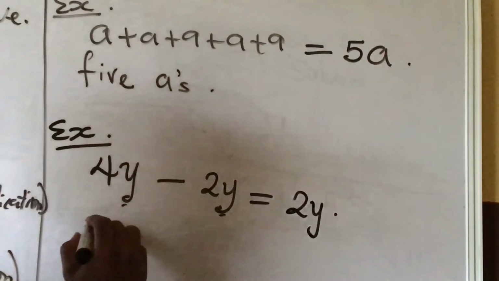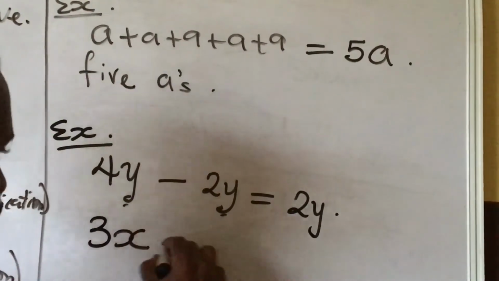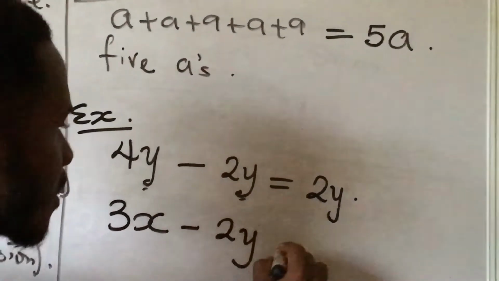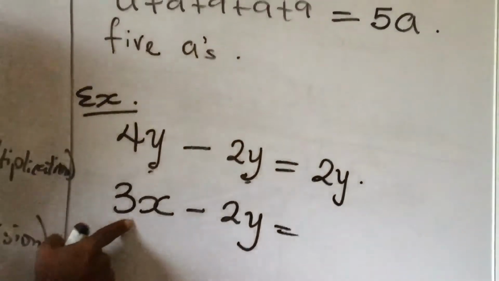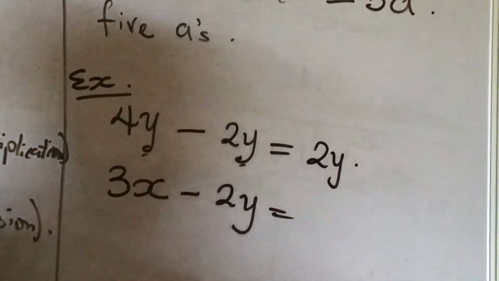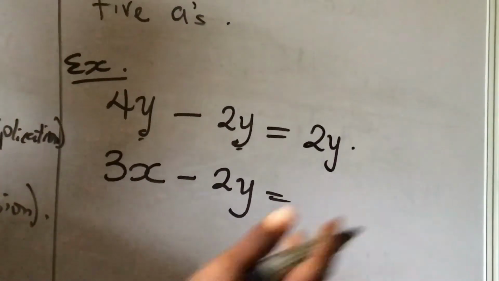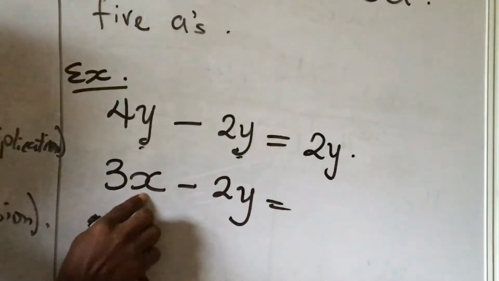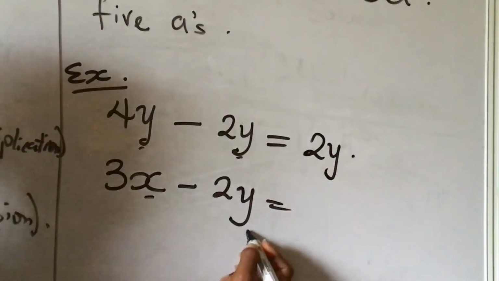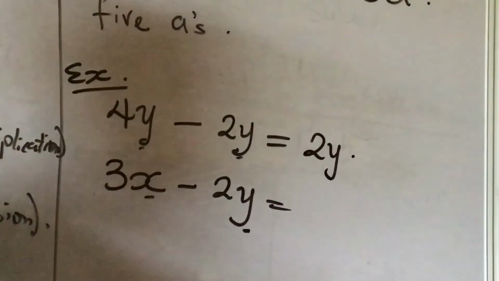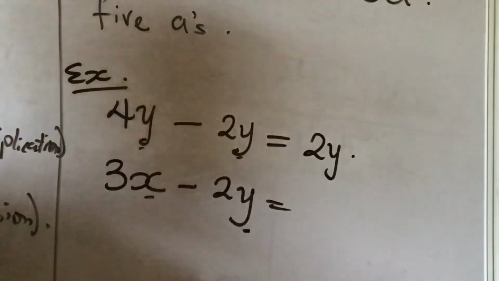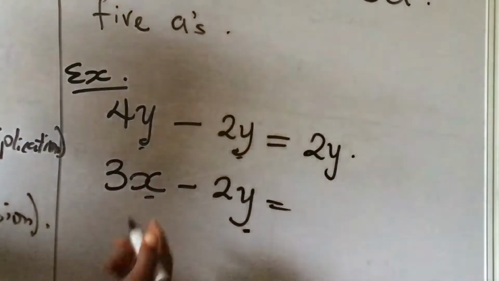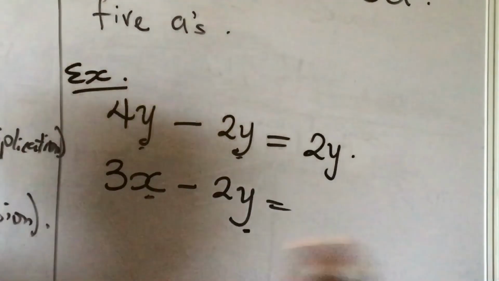At the same time, if you look at it like this, 3x minus 2y. Now, what is this 3x minus 2y going to give me? It's not going to give me any answer. Reason is because x and y cannot subtract each other because they are not of the same family. Do you get it now? This is x, this is y, so it cannot work.